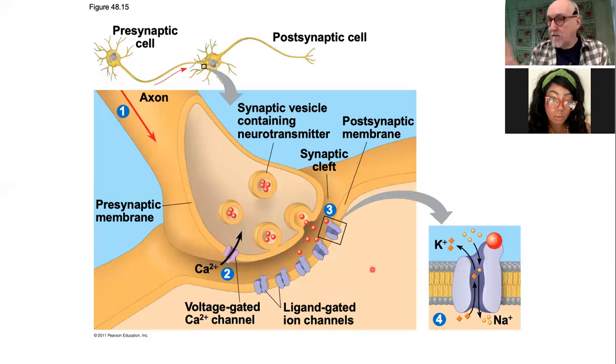So that is the classic story for how a nerve impulse is propagated across the synaptic cleft.